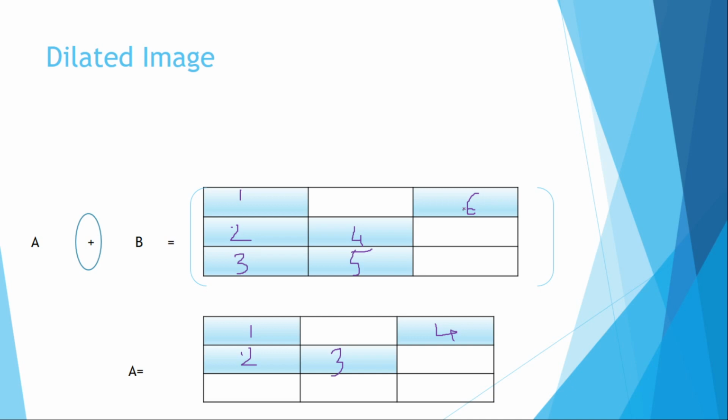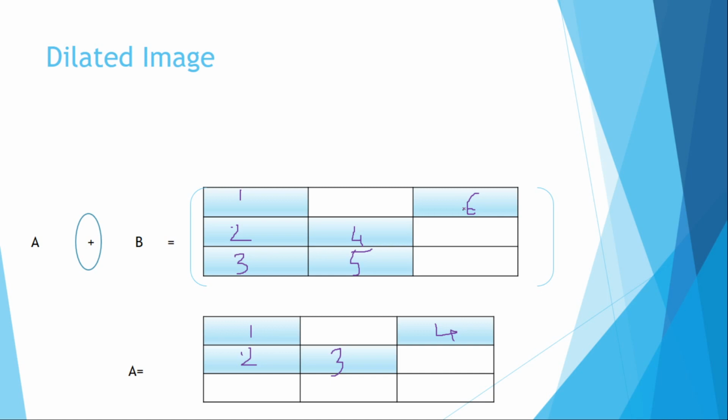Why am I saying object size? Here the number of ones has increased, not the zeros. We already considered in the first case itself that the value 1 indicates the object. So the object size is going to increase when I do the dilation operation.